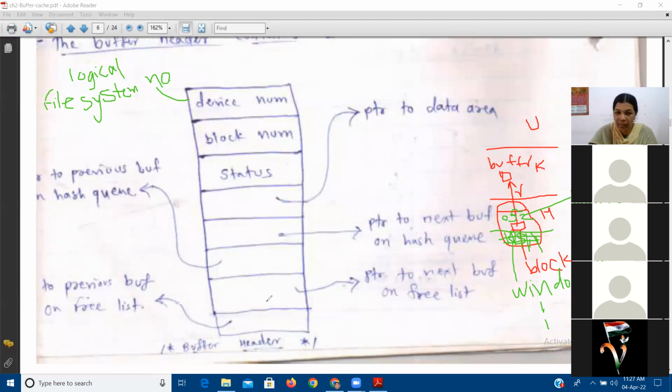So may I proceed further? Yes, students, any doubt about block number? Any doubt about block number? You understood? No, what is my block number?